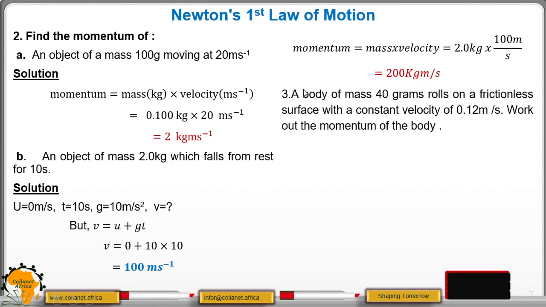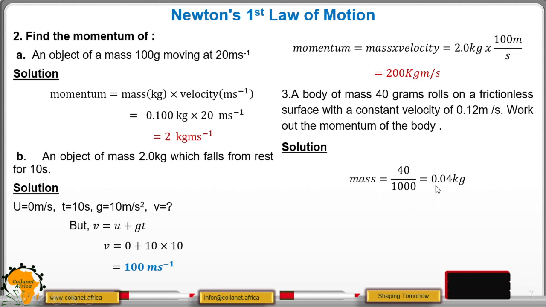Then we move to the third example. We have a body of mass 40 grams that rolls on a frictionless surface with a constant velocity of 0.12 meters per second. You are supposed to work out the momentum of the body. We proceed as follows. Mass is given in grams, therefore we convert it so that we can get it in kilogram. We divide by 1000.